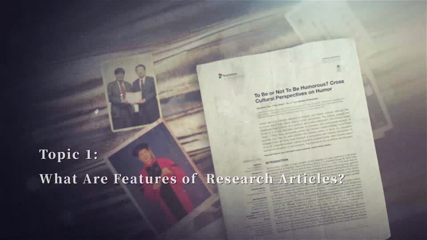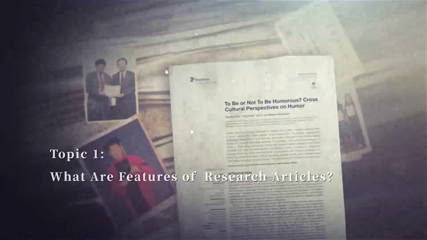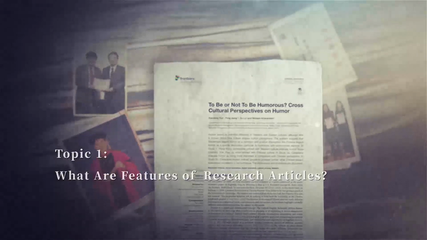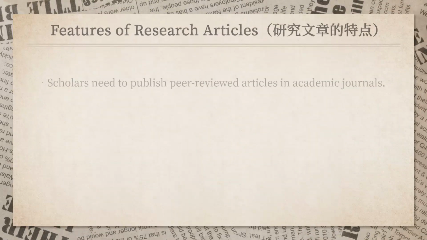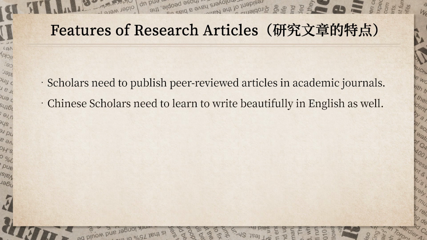The first one, I want to tell you about what the features of research articles are. Scholars need to publish peer-reviewed articles in academic journals. Chinese scholars need to learn to write beautifully in English as well.